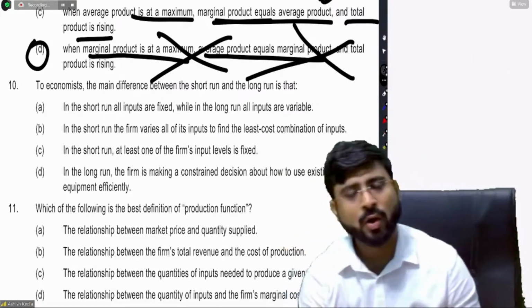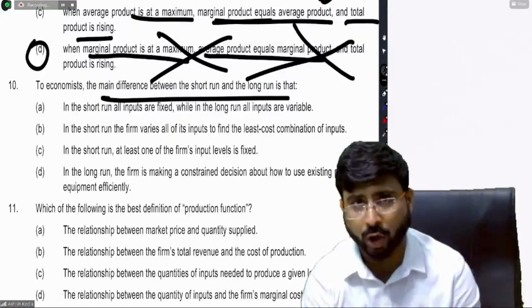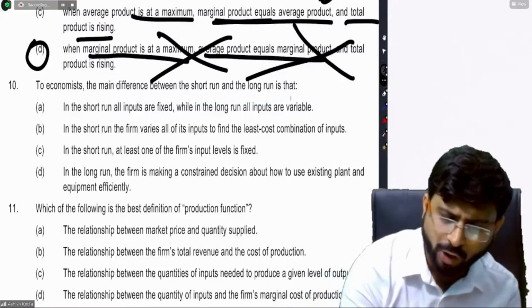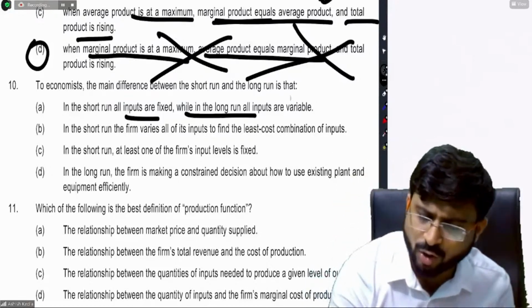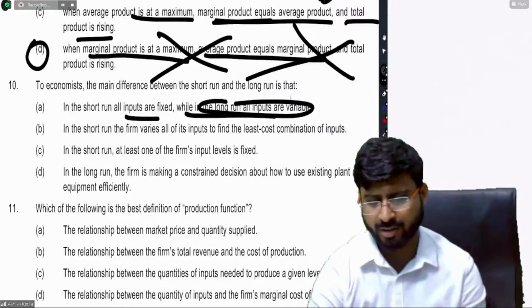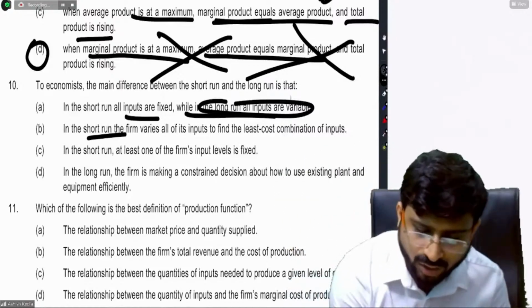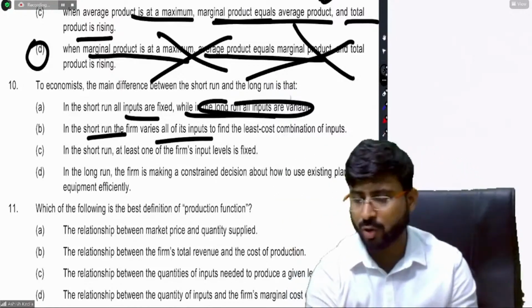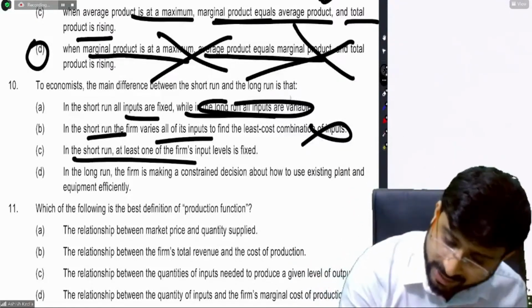Number 10. To economists, the main difference between short run and long run is what? In the short run, all inputs are fixed. No, some are fixed and some are variable. While in long run, all are variable. That is okay. But this doesn't seem to be the correct answer. In short run, firm varies all its inputs. No, wrong. In short run, at least one input is fixed.